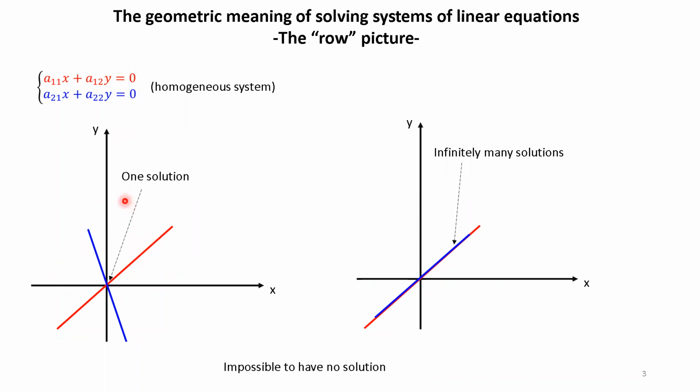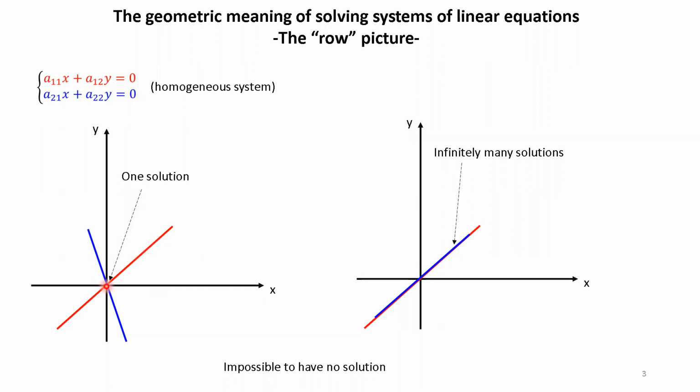So in this case, if I have two lines with different slopes, then it's guaranteed that you will have the solution at the 0, 0 point.